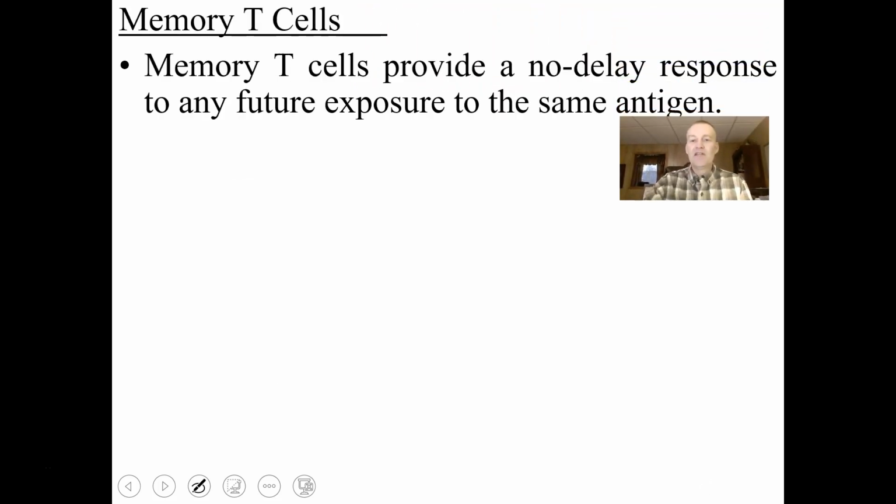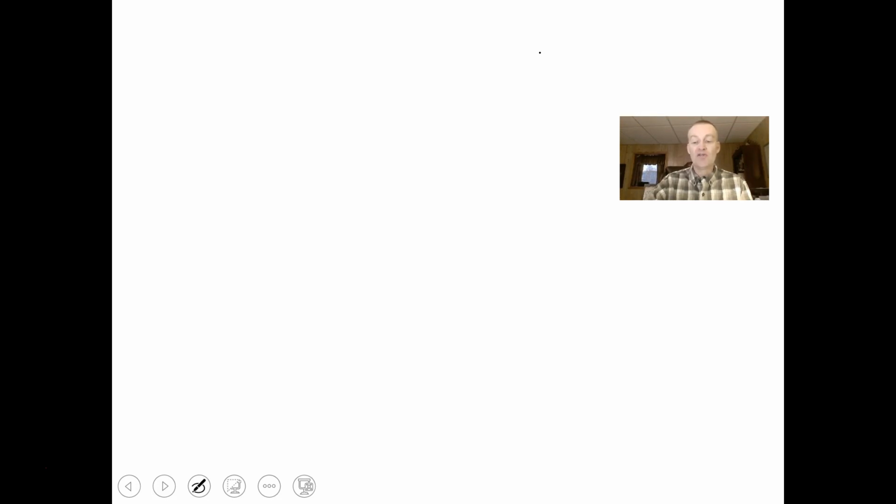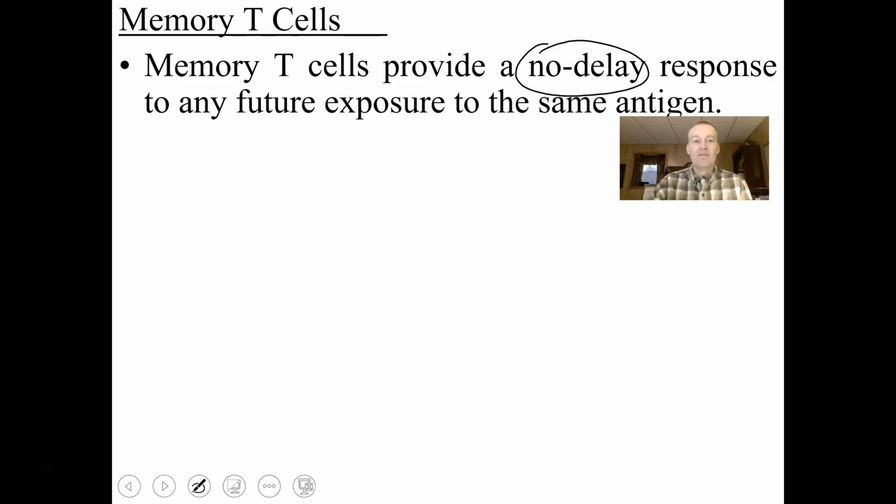Memory T cells are really important because they provide a no-delay response next time you are exposed to an antigen that you've seen before. And so, when you get a vaccine, you are utilizing memory T cells and also memory B cells in order to have a no-delay response against an antigen that's in the vaccination.